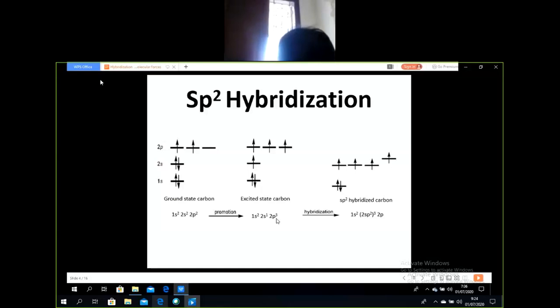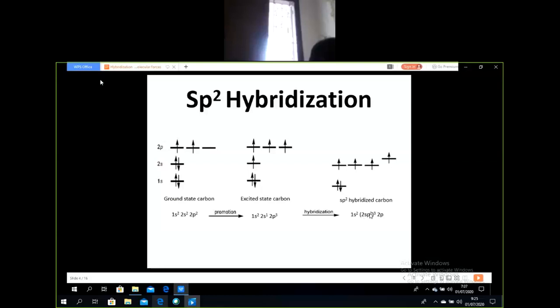In a double bond, there is a sigma bond and a pi bond. A pi bond occurs when there is an overlap of p orbitals. This is the sp2 here.